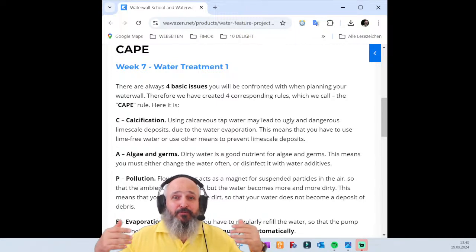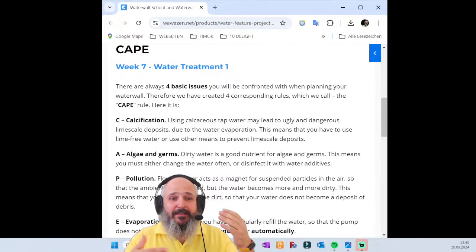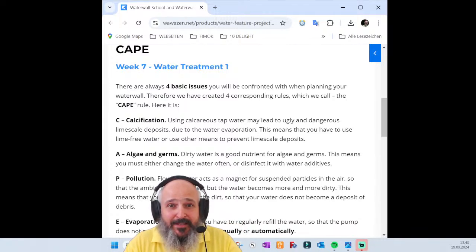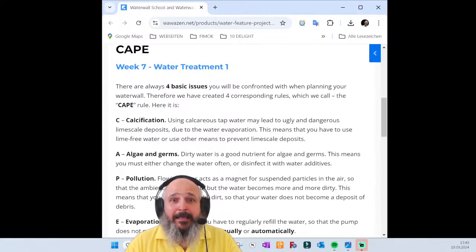It's like a cape of a superhero. And the 4 letters stand for each of the topics you as a superhero need to take care of if you want to keep your indoor waterfall nice and clean and safe.